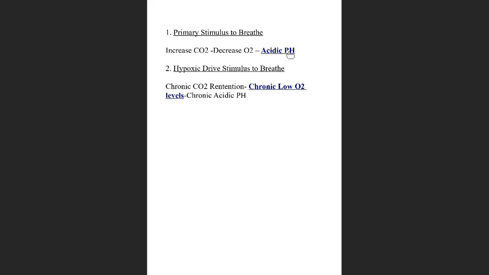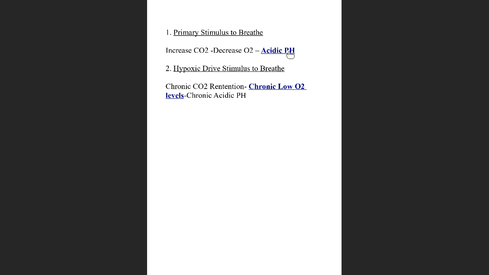The primary stimulus to breathe comes from chemoreceptors within the brainstem, chemical receptors, protein sites that pick up sensitive changes. When there is an increase in carbon dioxide levels in the cerebrospinal fluid, the brain doesn't pick up the actual increase in the carbon dioxide.